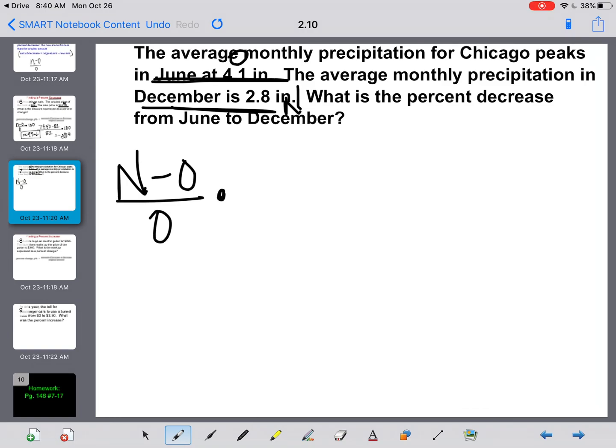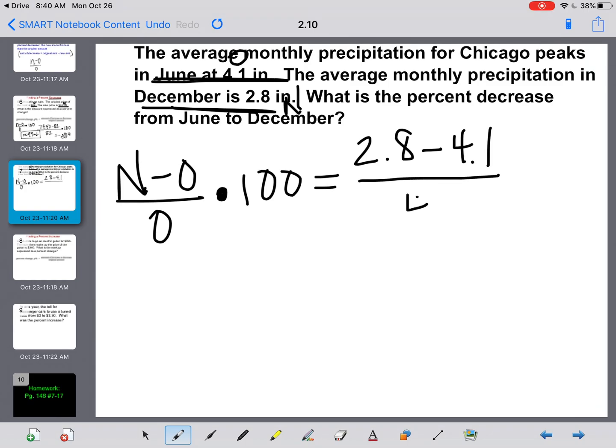So this is our original. This is our new. So when I plug into new minus original divided by original times 100, it should look like this: 2.8 minus 4.1 divided by 4.1, and then that times 100.